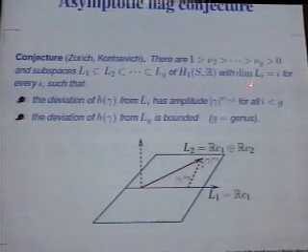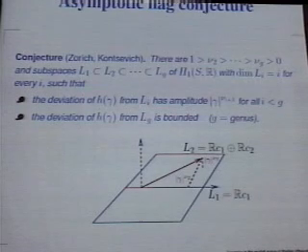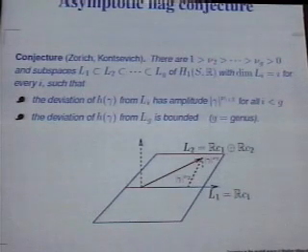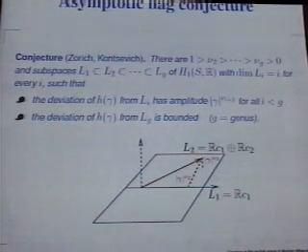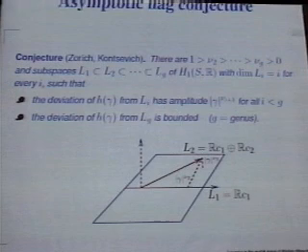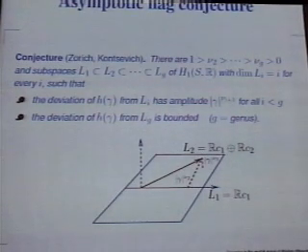These subspaces form a complete flag, which means that each one is contained in the next one, and the dimensions increase by 1. And this flag determines the behavior of the geodesics quantitatively in the following way.